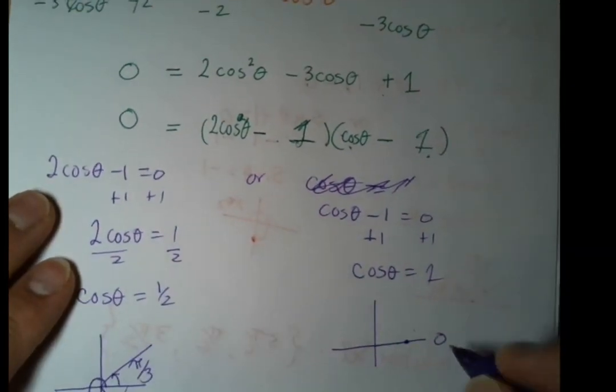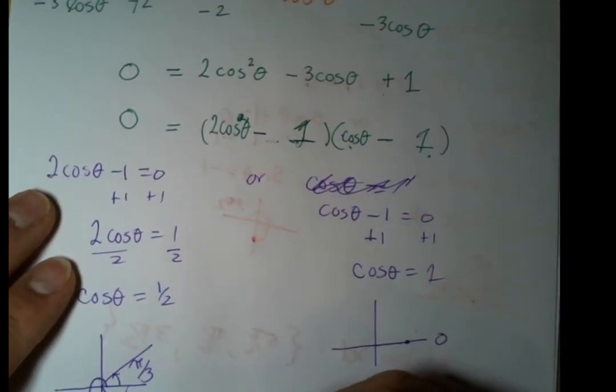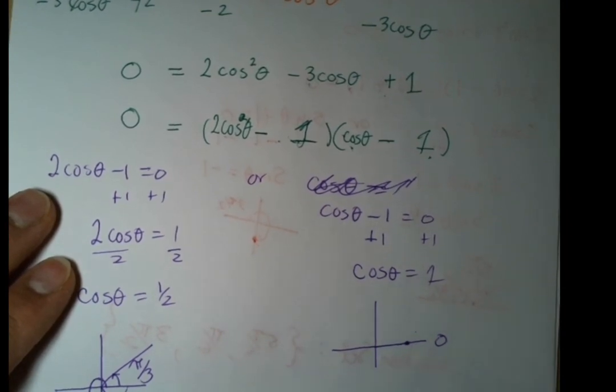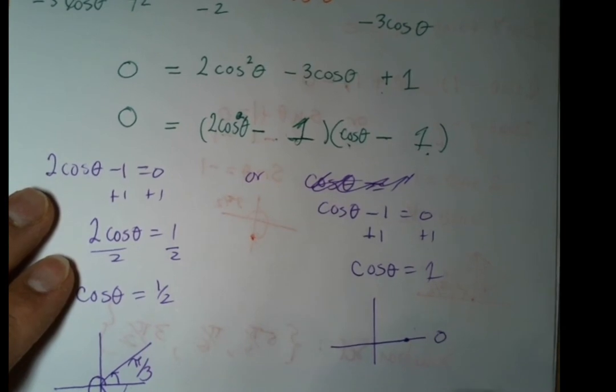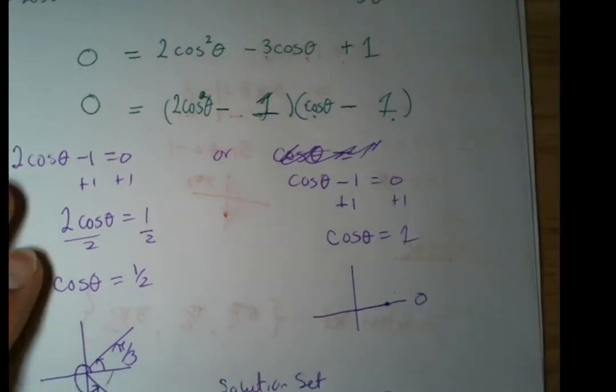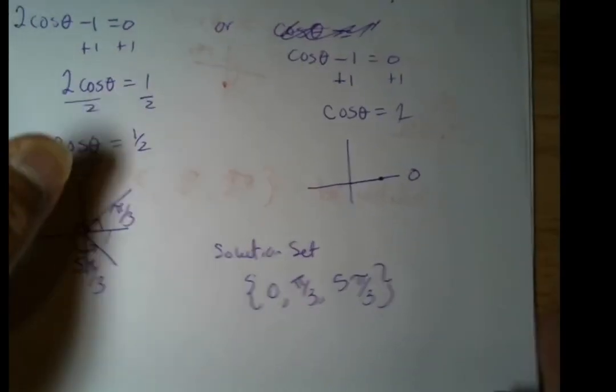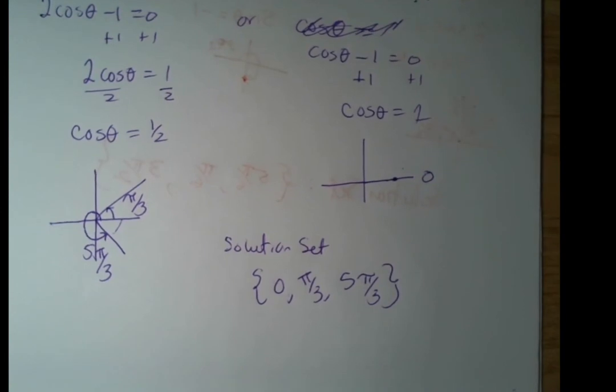So we just have one solution for this equation. The solution set is 0, pi over 3, and 5 pi over 3. Okay. And that's how you solve by factoring here.